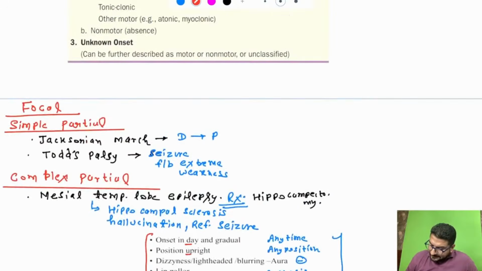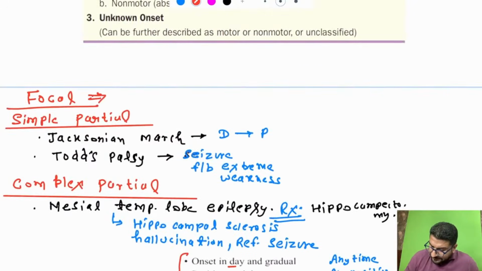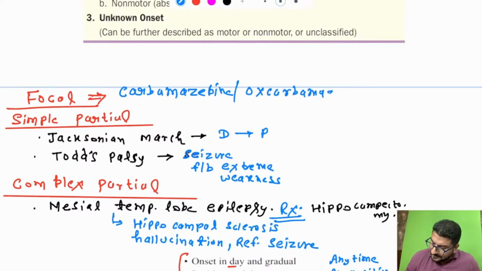Okay, now look at this seizure. This is called absence seizures, right? Now look at this. For focal seizures, the best drug we have is carbamazepine. Even nowadays a better one comes, a tablet named oxcarbazepine. Carbamazepine, right?